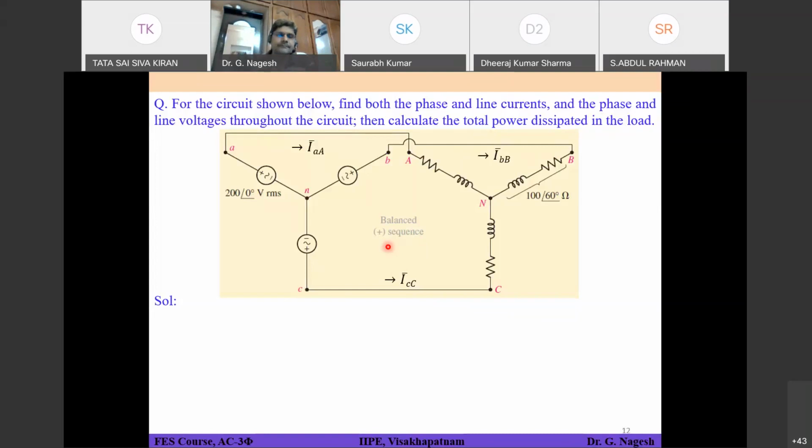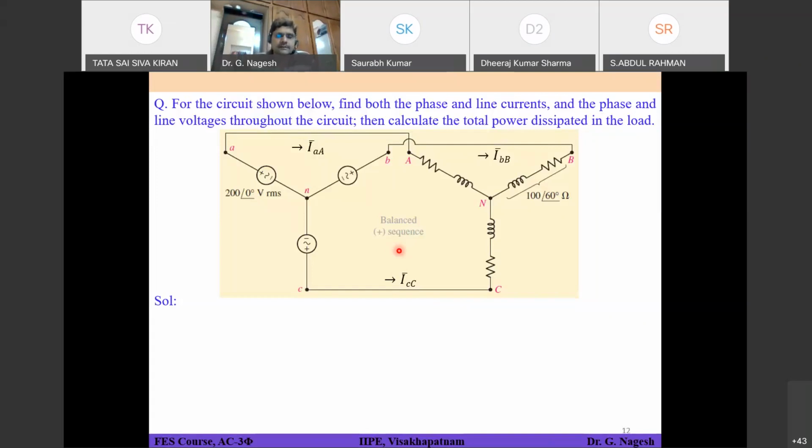Sir, phase voltage will be 200 for VAN, 200 at the angle of 0. Then VBN 200 at an angle of -120 degrees, VCN 200 at an angle of -240 degrees. Okay, then calculate line voltages also. VAB, VBC, and VCA.